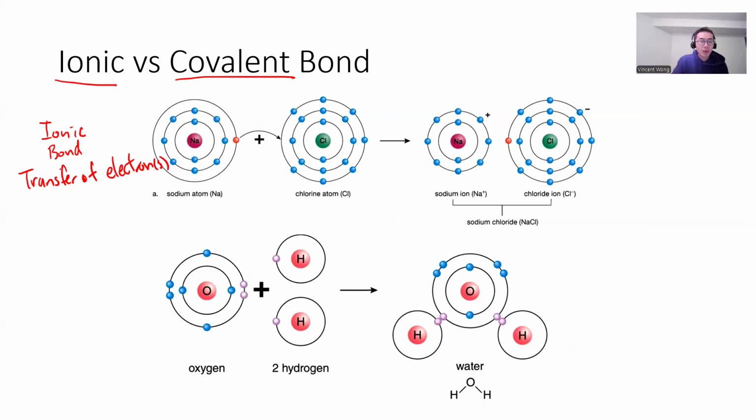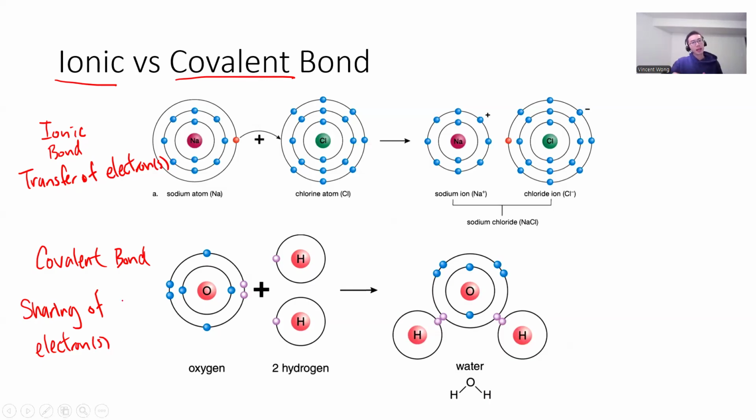But that's not the only way to glue atoms together. We can have a covalent bond. A covalent bond involves the sharing of electron or electrons. So it's not like one atom gives it to the other one. It's more like, let's share it together.